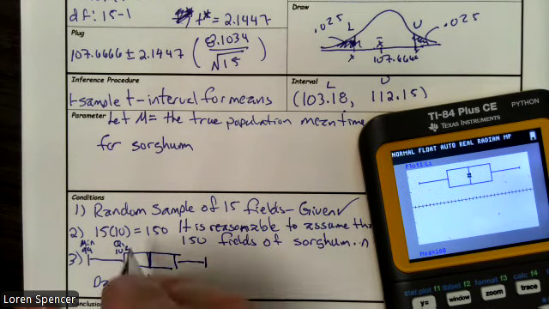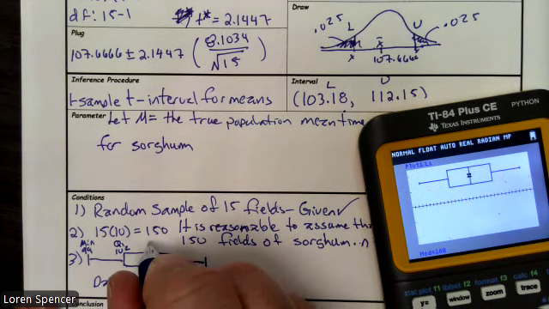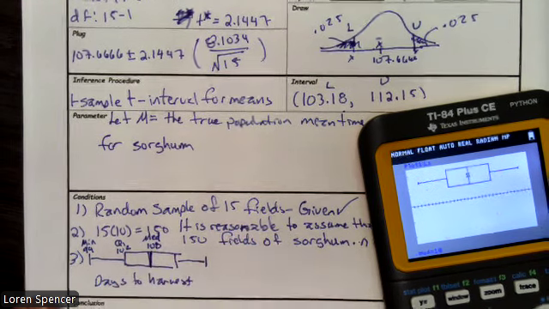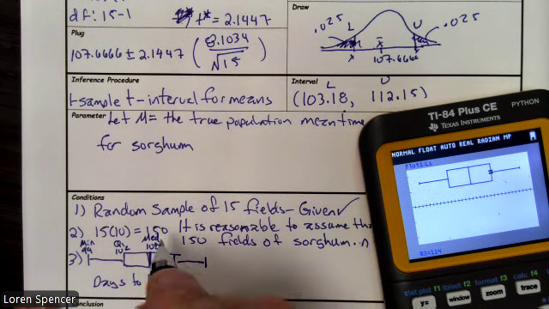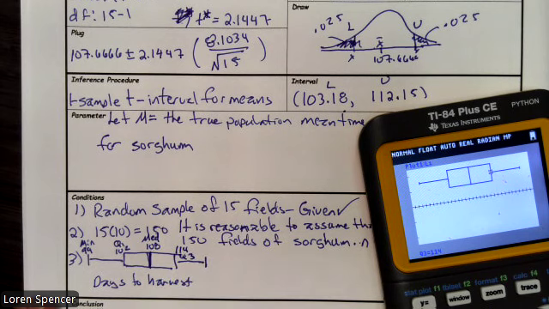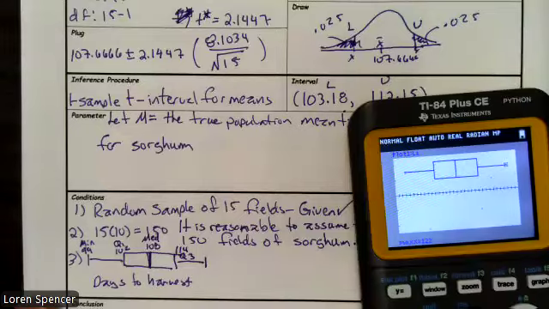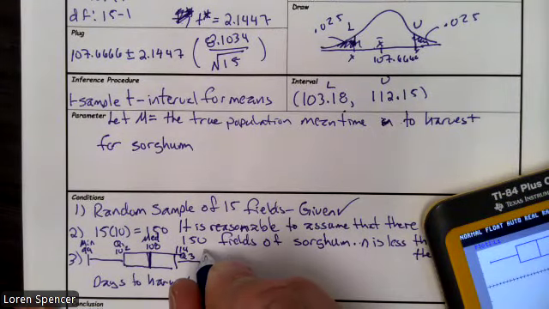Q3, 108. I mean, excuse me, not Q3, median, 108. Q3, 114. That's supposed to be a Q there. And then my maximum happens to be 122.